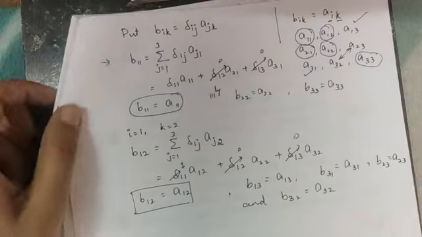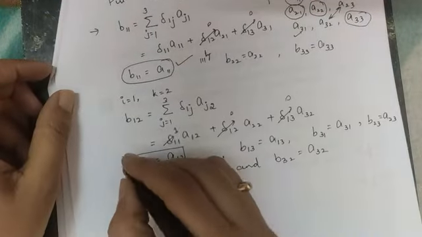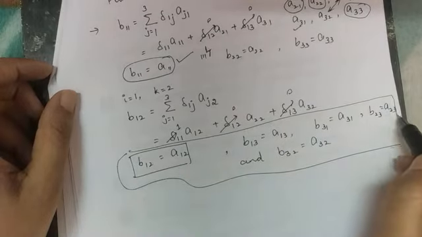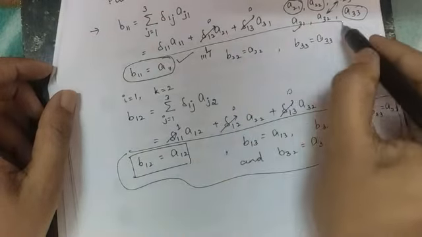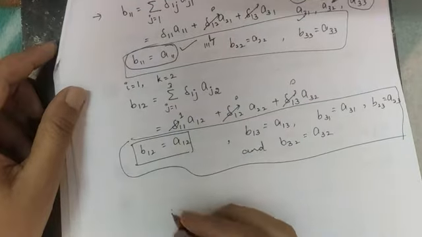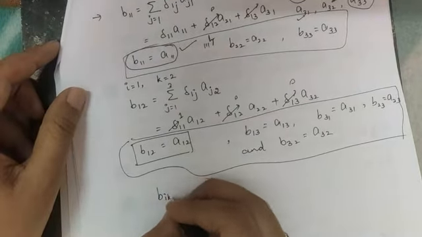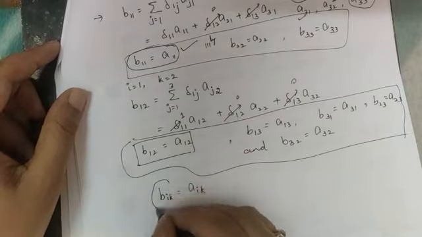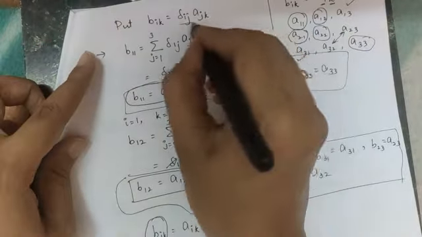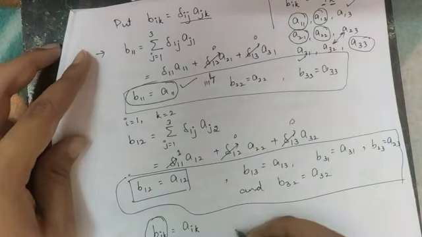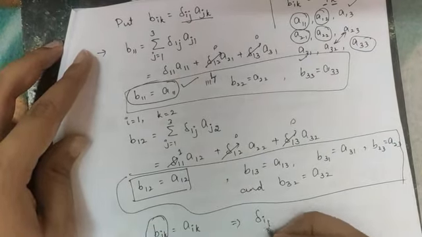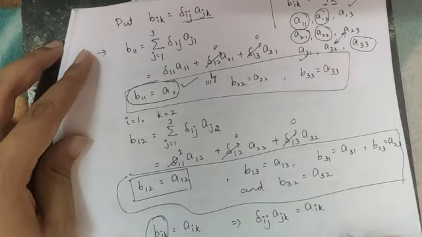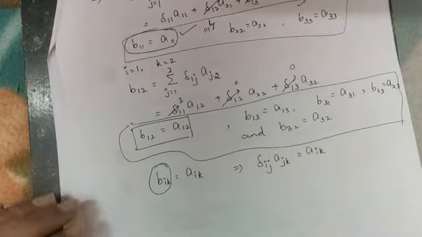So generalizing this, all the values, we can generalize all these values by writing bik is equal to aik. So now what is my bik? Bik is nothing but delta ij ajk. So from this we can write delta ij ajk is equal to aik. This is my second property.